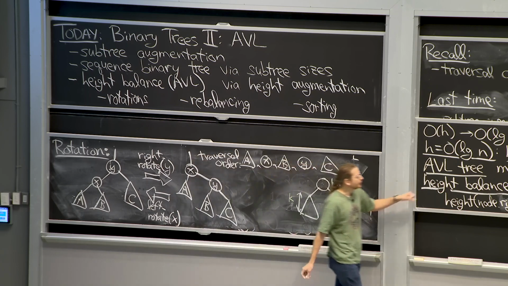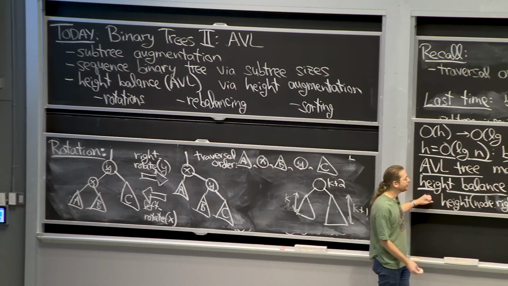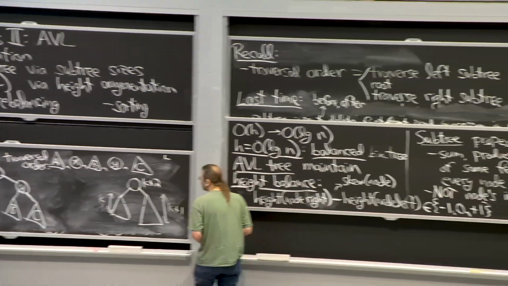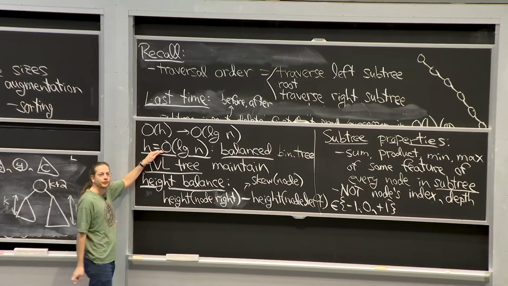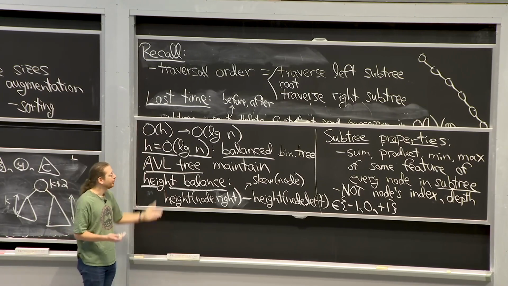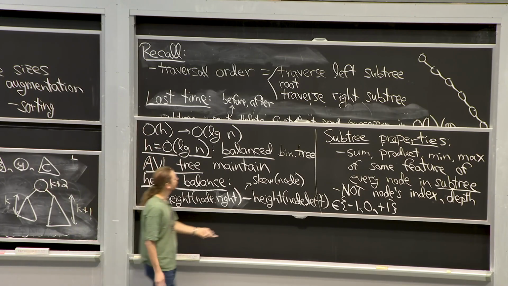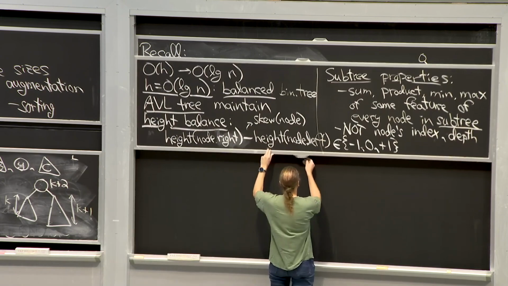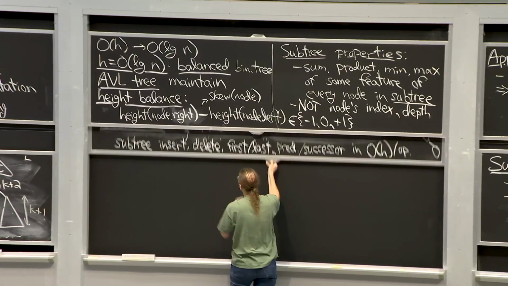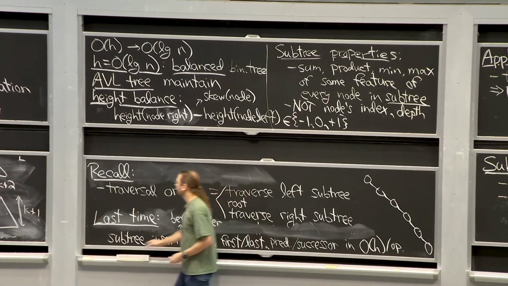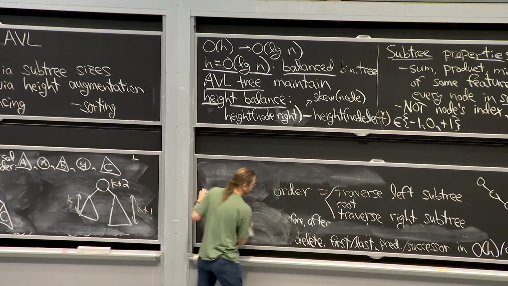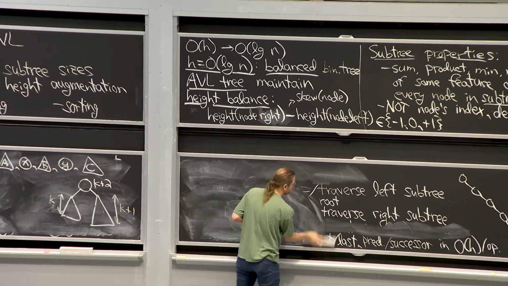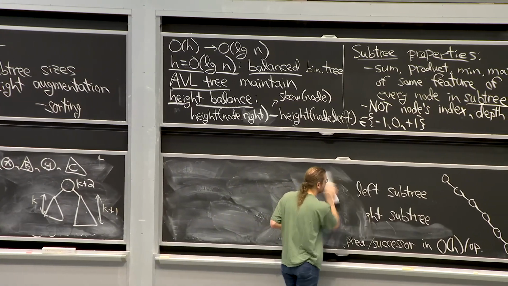So first claim is that if I could maintain height balance, then I will guarantee that h equals log n. So in other words, height balance implies balance. So let's prove that first, quickly. And then the interesting part is, how do we actually maintain the balance property?